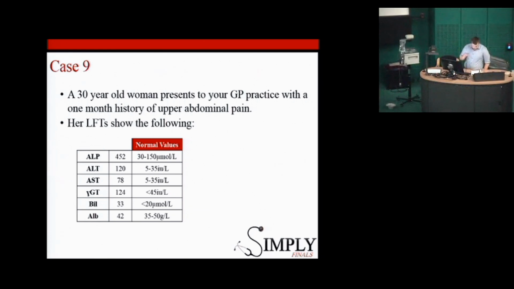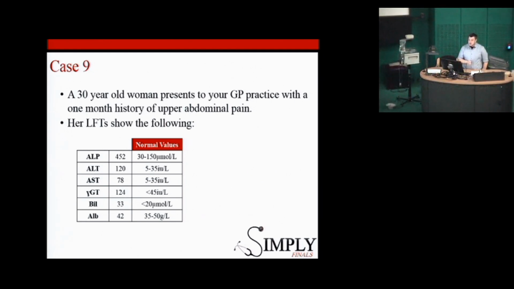So what would be important to know about this patient? Alcohol intake, yes. Whether she's jaundiced, yes. Fever, yes. So you want to know her clinical state. If she's febrile, what would you be worried about? Cholangitis, yes.